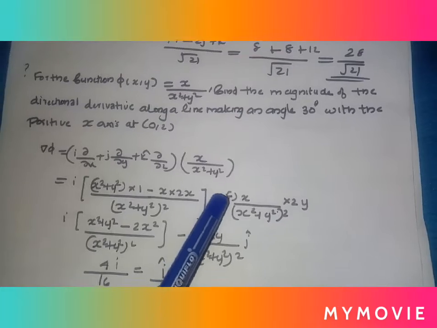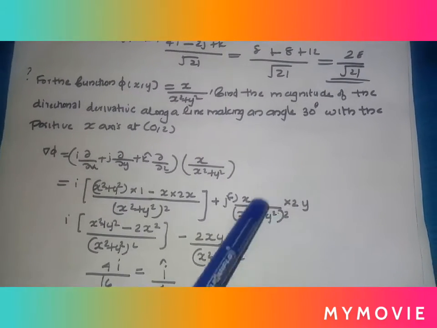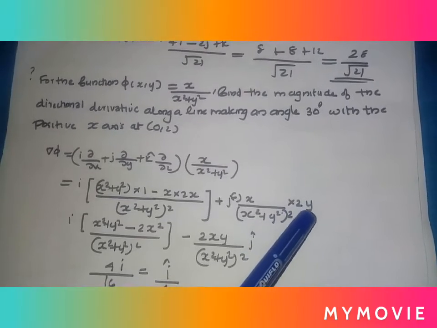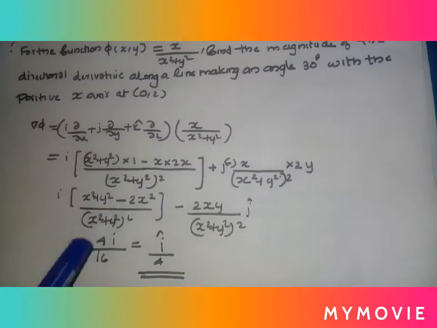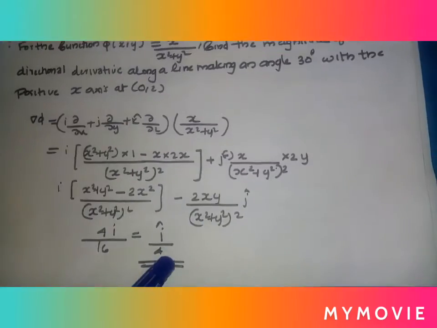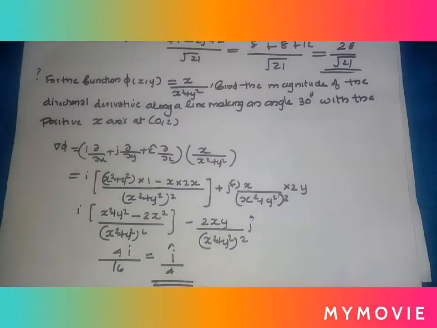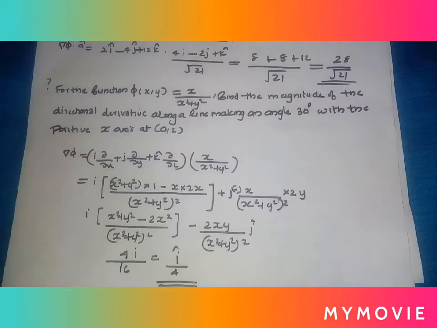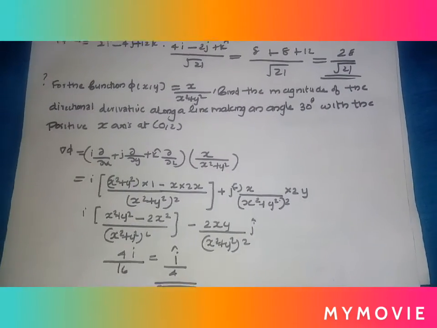Like here, minus of x divided by x square plus y square whole square, y square derivative, that is into 2y. After simplifying and substituting the given point, that is (0, 2), we get i by 4 as the gradient of this function. Also we want to find the directional derivative along a line making an angle 30 degree.